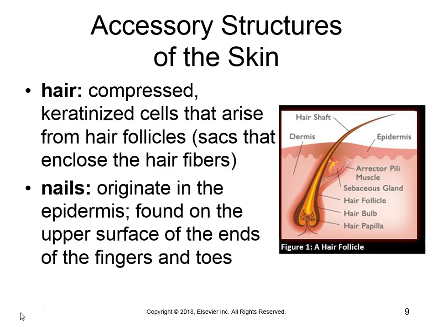We also have nails that actually originate in your epidermis. If any of you have ever been fortunate enough to close your finger in a door or for some other reason lose your nail, it will grow back, but there's also usually no blood involved because it comes from the epidermis. And obviously I would hope you realize that they are on your fingers and your toes.